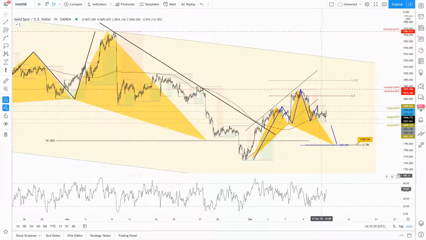And the reason why I'm calling your attention to that possibility is because we have bullish hidden divergence suggesting more upside momentum for gold above the 200 moving average.